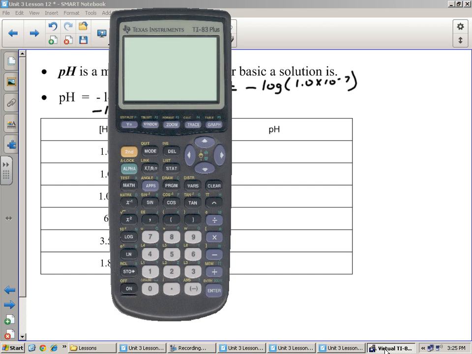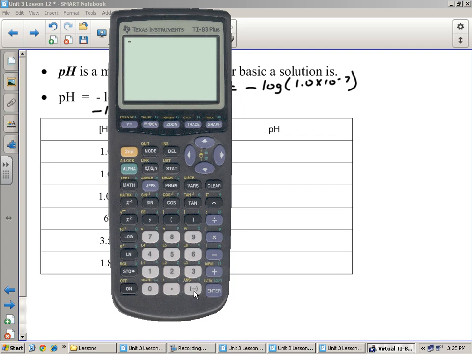So, when you get your calculator out, this is what you're going to see, right? You're going to go negative. Make sure you use the negative key, not the minus key. You'll get a wrong answer. Negative. Okay? Now, it depends on your calculator. I can't tell you for all these, but this is an 83 plus or an 83. They basically work the same. 84, roughly the same. Negative.